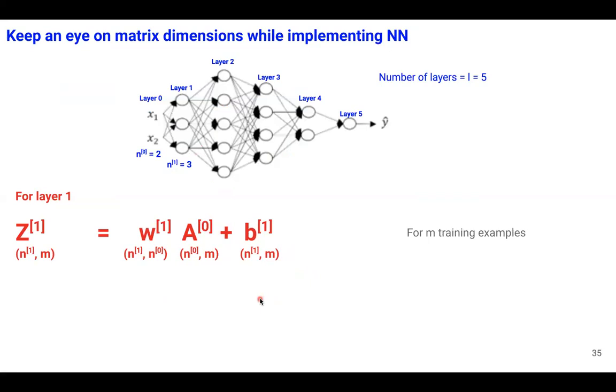W1 doesn't change because W1 is not dependent on how many training examples you have. It is dependent on the number of nodes in that given layer and the activations coming from the previous layer.